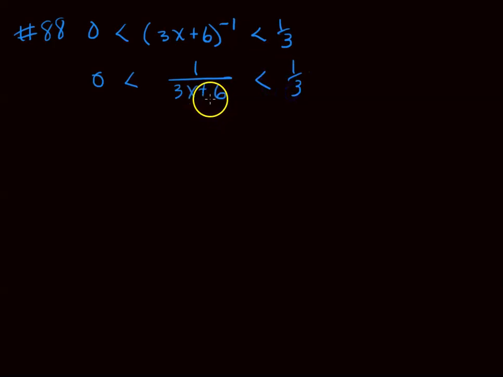Now what's nice is when you take the reciprocal, if you think about this as the number line, say this is 0 and this is 1/3, if you switch the direction of the inequalities here, flip this over, just get 3x plus 6. Because all of this is greater than 0. Remember, that was one of the things. If this is greater than 0, then we can keep this direction the same.